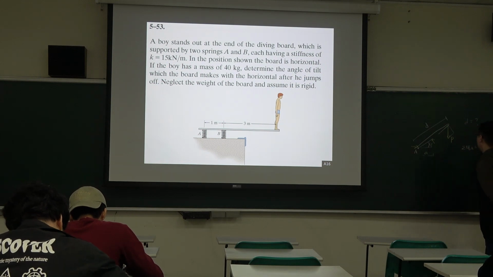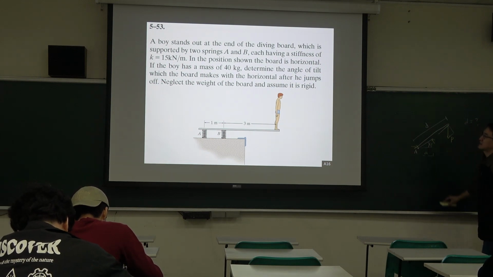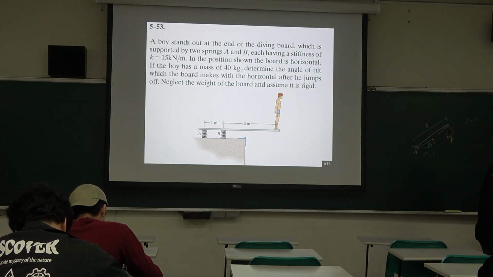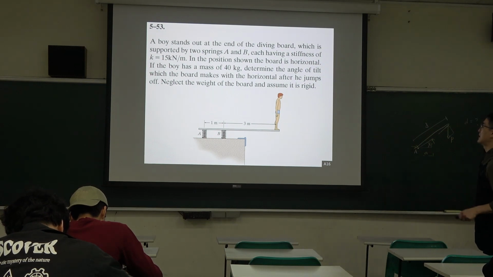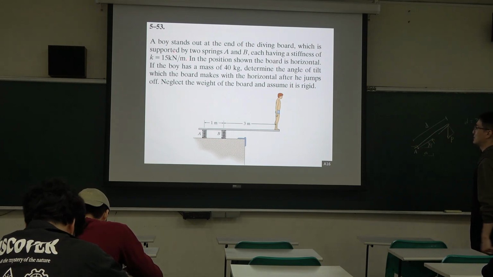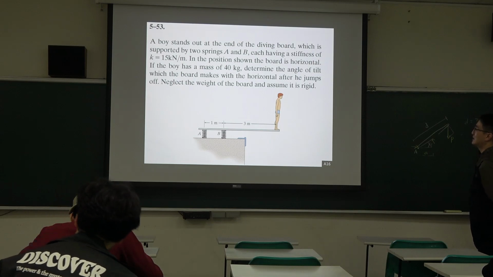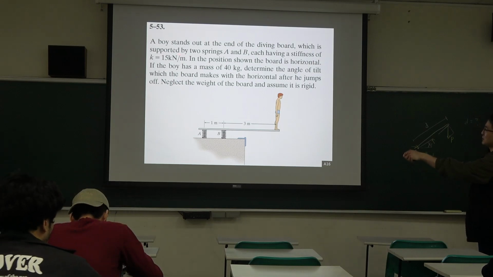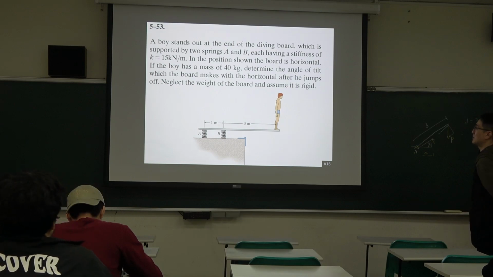Okay, then this question is: a boy stands out on the end of the diving board, which is supported by two springs, A and B, each having a stiffness of 15 kilonewton per meter. Remember unit transfer because here is 40 kilogram.